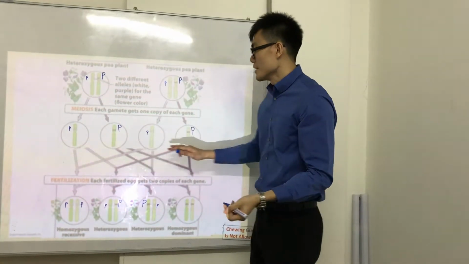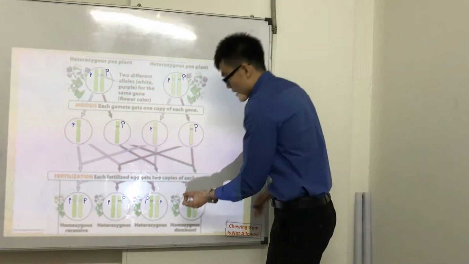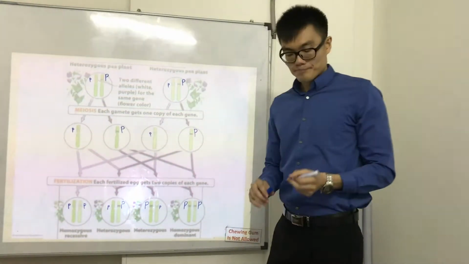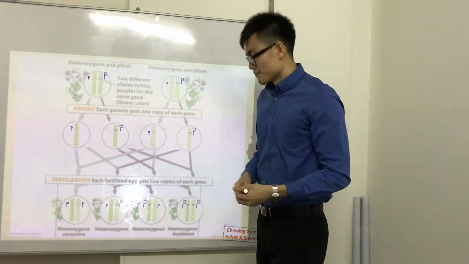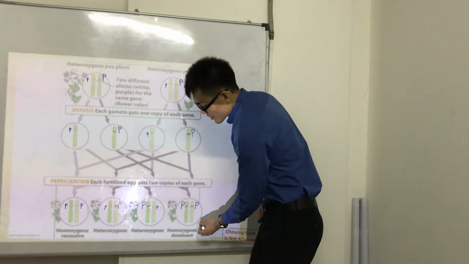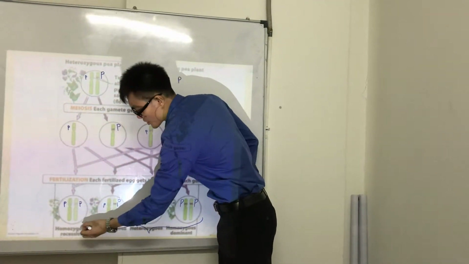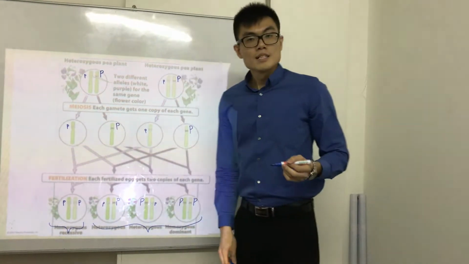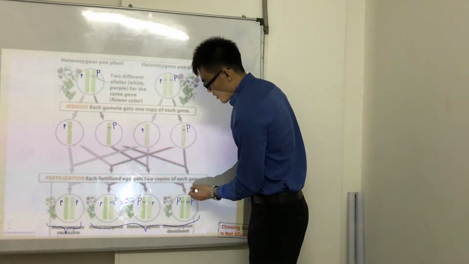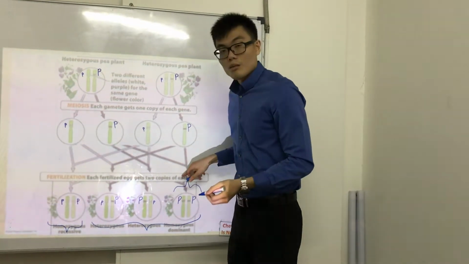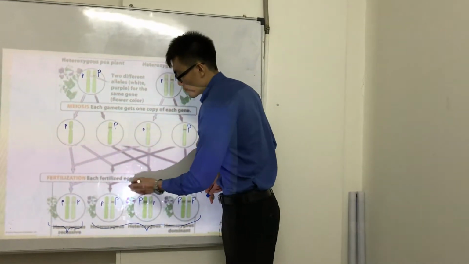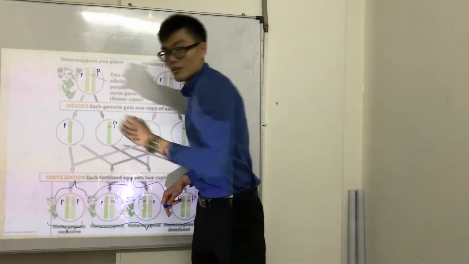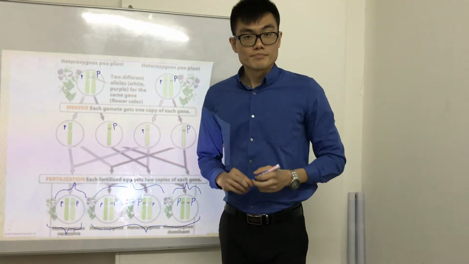And if this big P fertilizes with this big P, it will form homozygous dominant. So when you look at it, the phenotypic ratio is still 3 to 1, 3 purple and 1 white. And the genotypic ratio is 1 homozygous dominant to 2 heterozygous to 1 homozygous recessive.